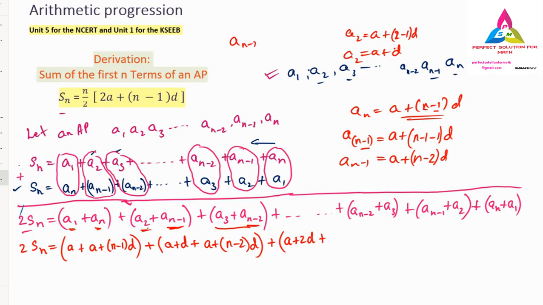So a_{n-2} is nothing but a plus, n value is n minus 2, so (n minus 2 minus 1) d. It is nothing but a plus n minus 3, into d. So a_{n-2} is nothing but a plus (n minus 3) into d.